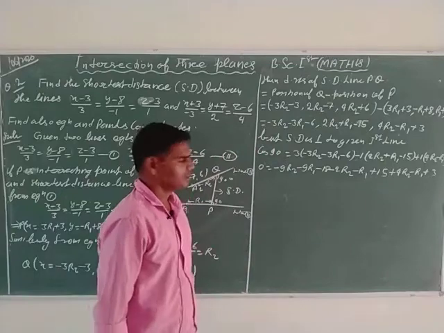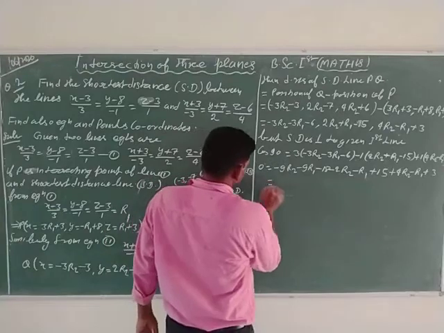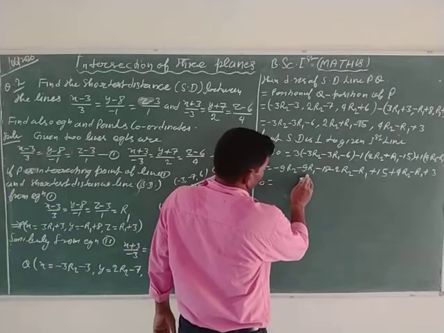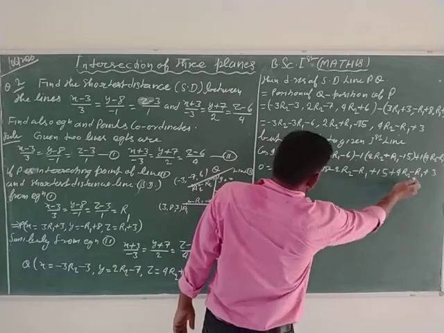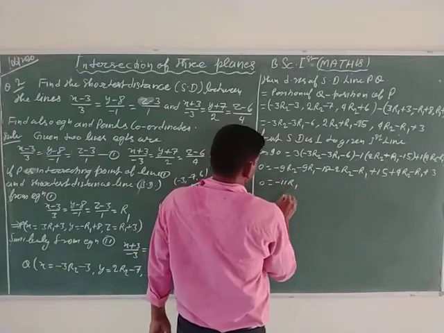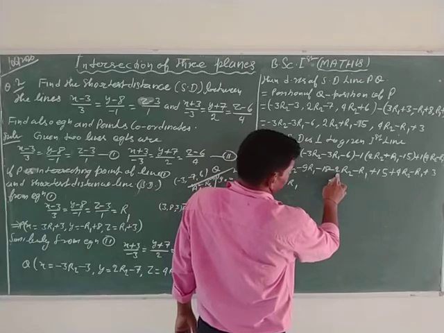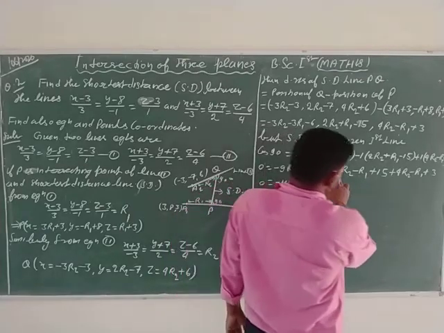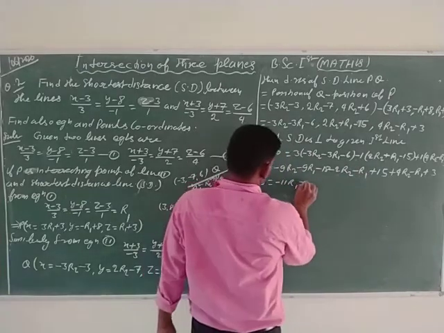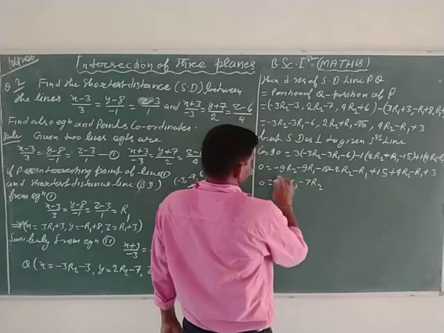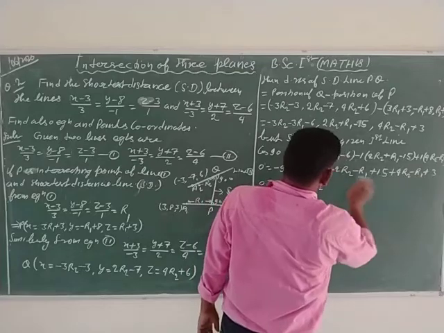Here in this equation there are two unknowns, R1 and R2, so collecting the same unknowns: minus 9 R1 and minus R1 and minus R1 gives minus 11 R1; 9 R2 minus 2 R2 is 11 R2 and plus 4 R2 means minus 7 R2; and minus 18 plus 15 plus 3 is equal to 0.